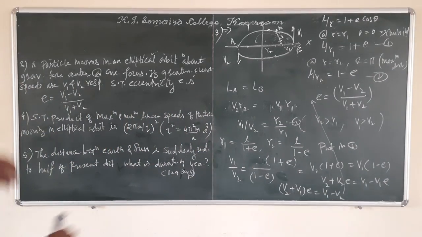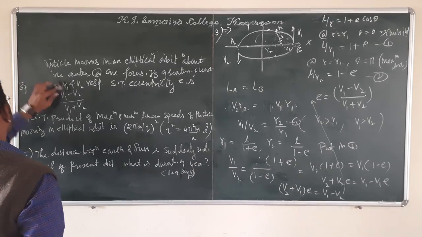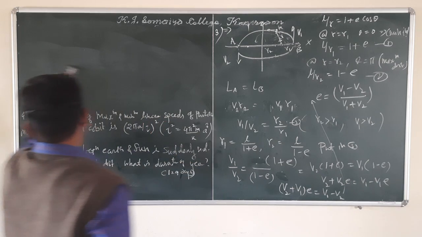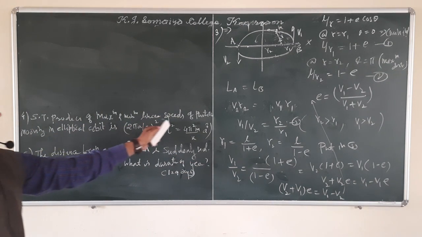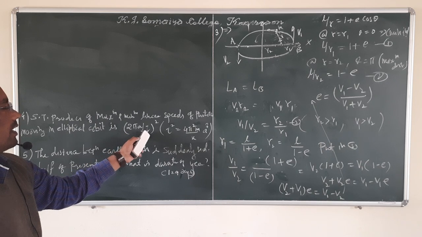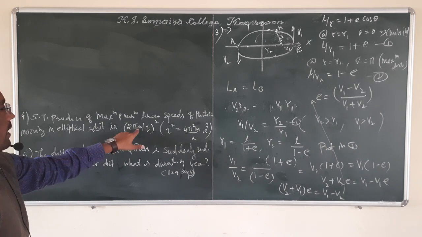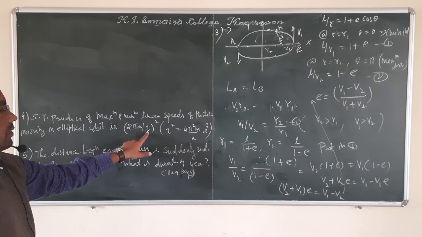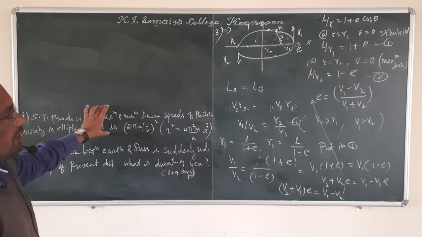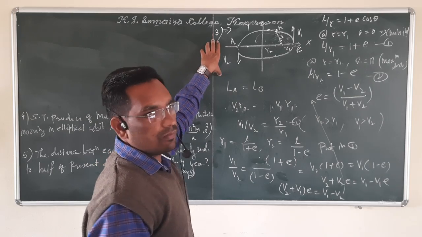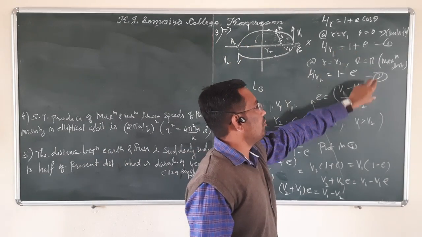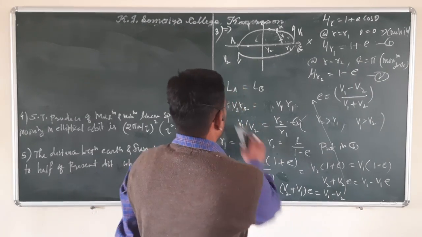Now we are solving the next problem, which is problem number 4. Show that the product of maximum and minimum linear speeds of a particle moving in an elliptical orbit is (2 pi a divided by tau) squared. Here a is the semi-major axis and tau is the periodic time. Again, from Kepler's law every planet moves in an elliptical orbit, so at perigee and apogee we get these equations.